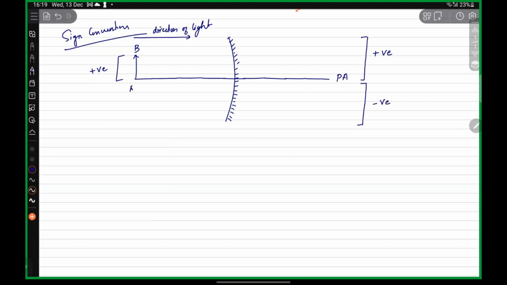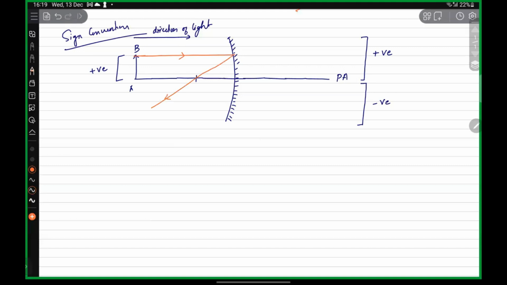For example, let's just do some experiment right now. So I say this is the focus, and there is an incident beam of light coming this way. Now I'll draw it using another color. So I have an incident beam, something like this. We know that the incident ray that is parallel to the principal axis will pass through the focus.